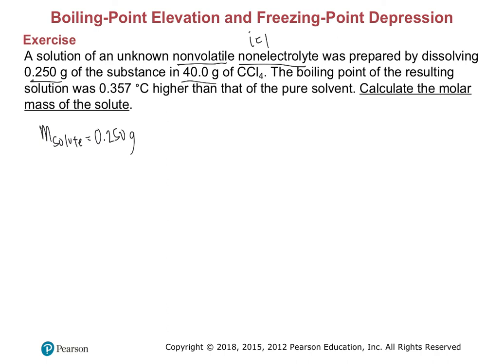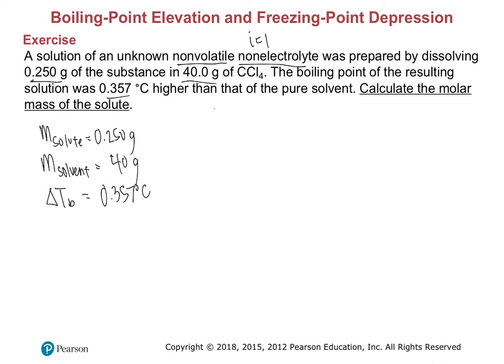And I have dissolved it in 40 grams of carbon tetrachloride. So my mass of my solvent is 40 grams. And the boiling point of the resulting solution was 0.357 degrees higher than the pure solvent. So delta TB equals 0.357 degrees Celsius. So calculate the molar mass.